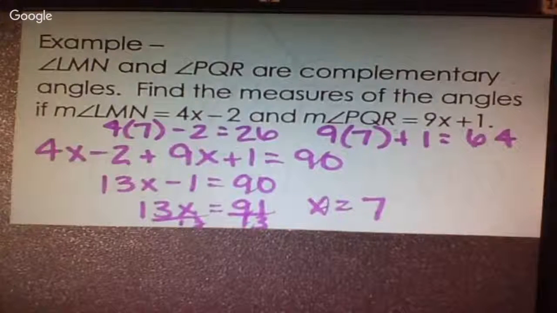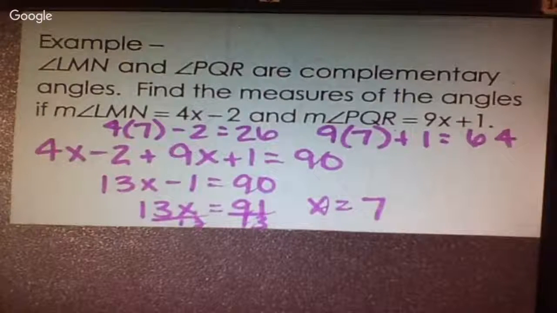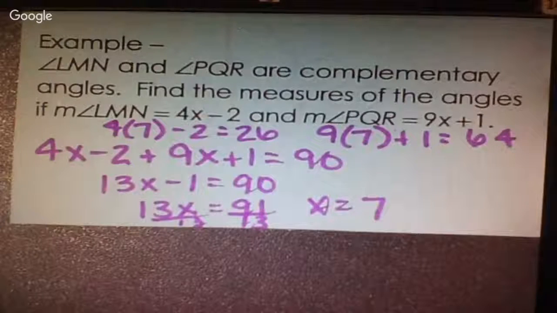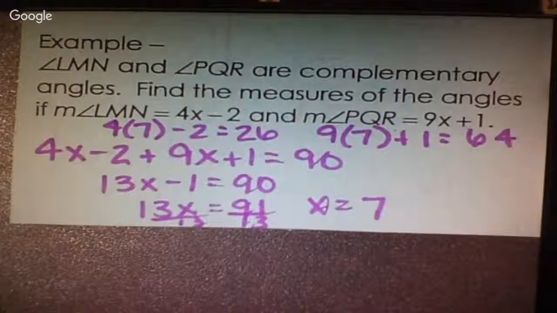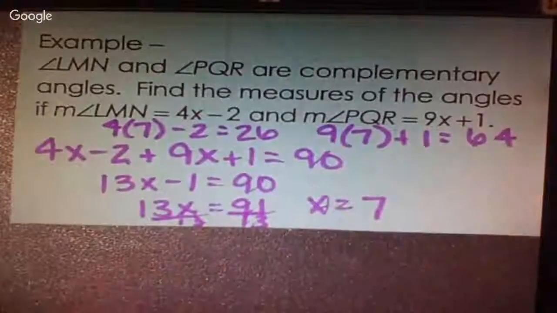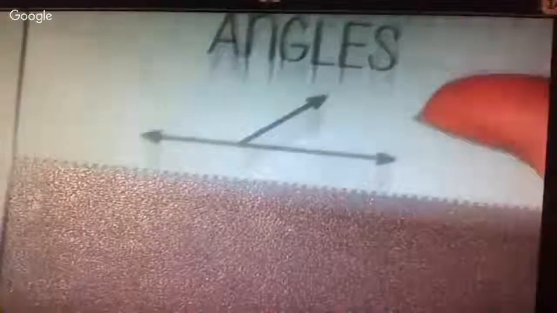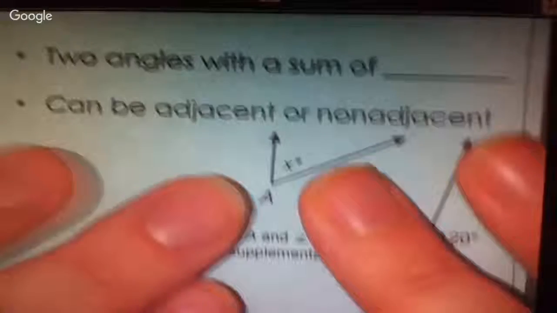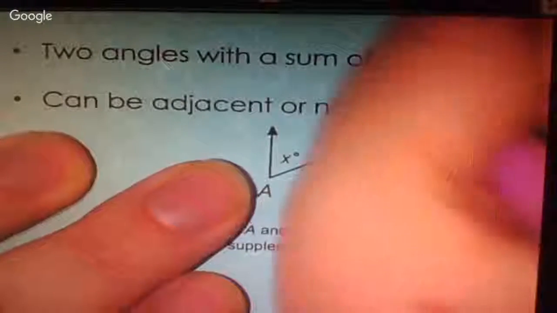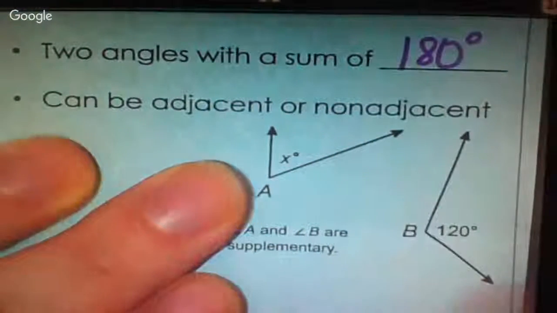Okay, so complementary angles equal 90 degrees. What do supplementary angles equal? 180. So if I move to the other side, we're talking about supplementary. These are two angles with the sum of 180.